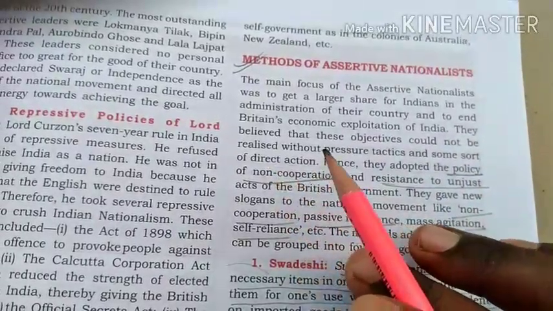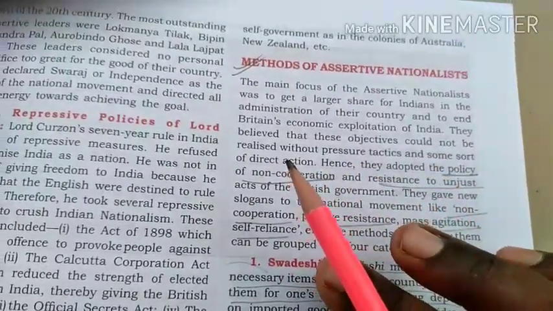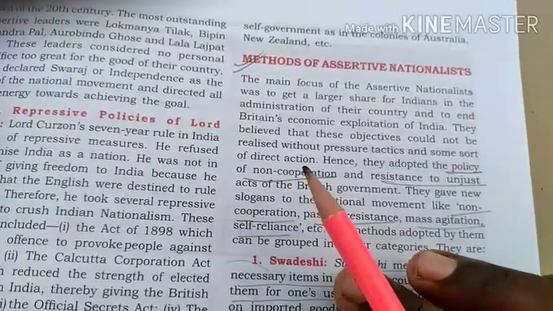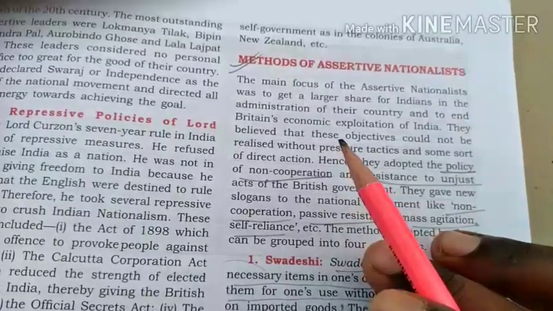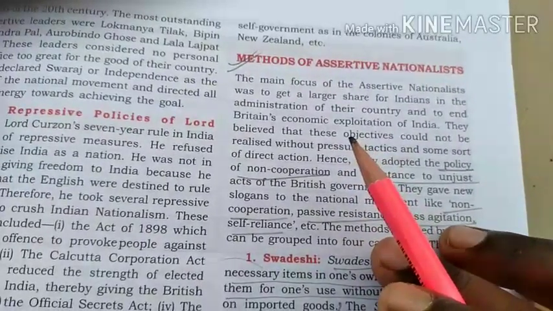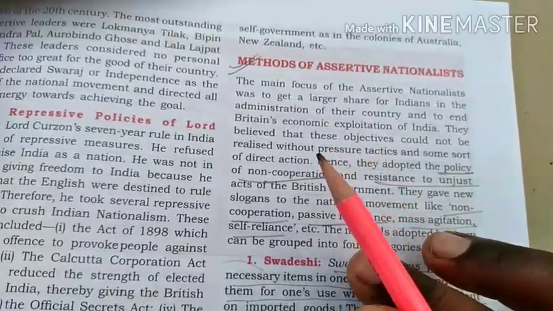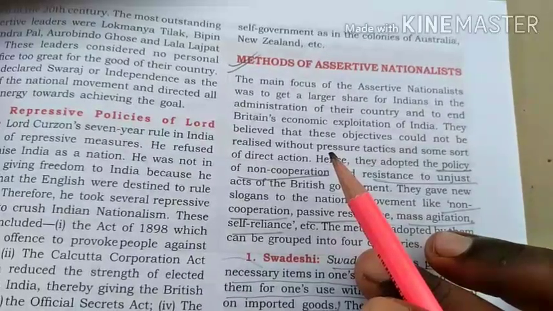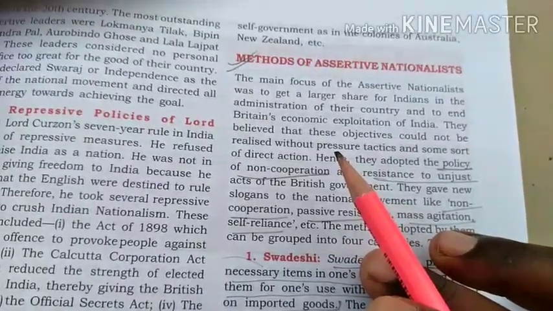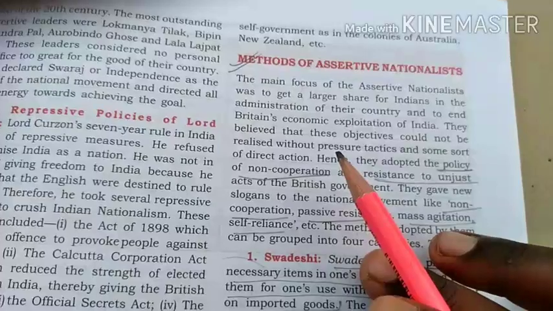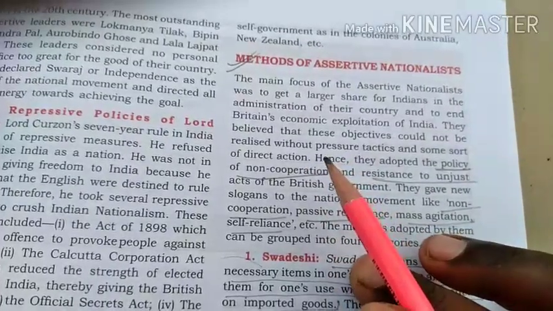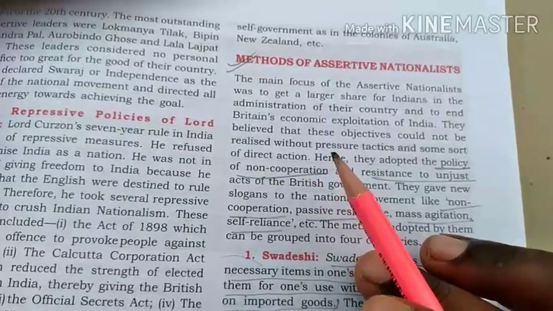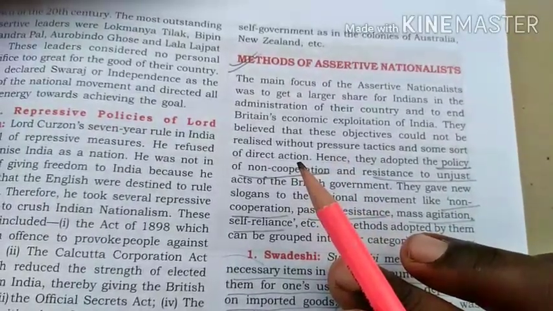They believed that these objectives could not be realized without pressure tactics and some sort of direct action. So the assertive nationalists said that the British cannot realize all these objectives unless we put pressure on them and challenge them directly.